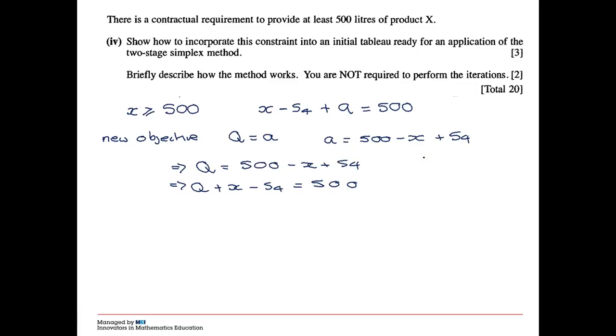So this is what the Tableau would be set up as, and the method that we would need to use is we would minimize Q till it is 0, and then after that we would proceed as normal.